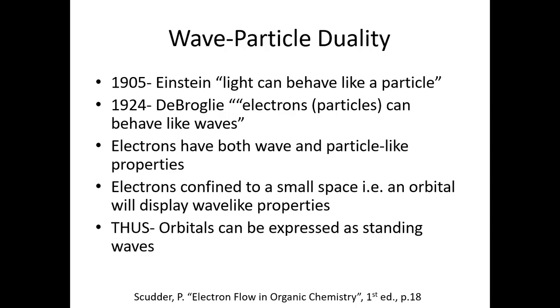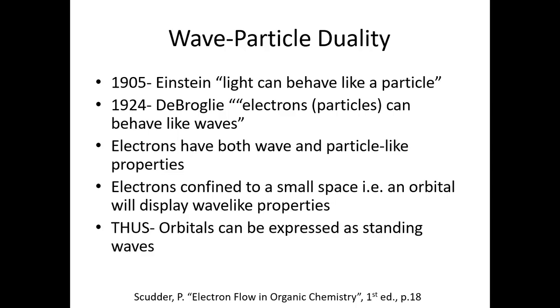Then in 1924, de Broglie said that electrons can behave like waves. Even though an electron is considered a subatomic particle, this duality allows us to think about electrons as both waves and particles, with wave-like properties and particle-like properties.